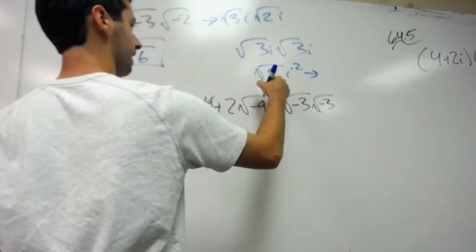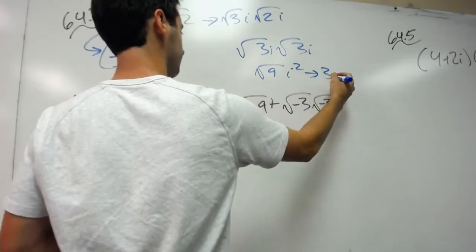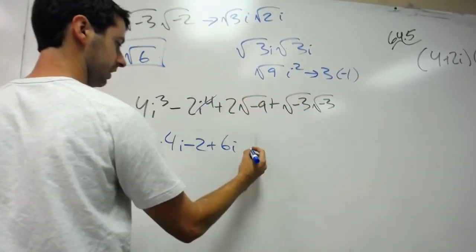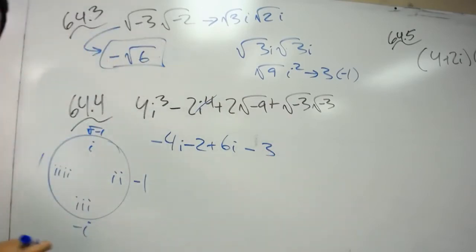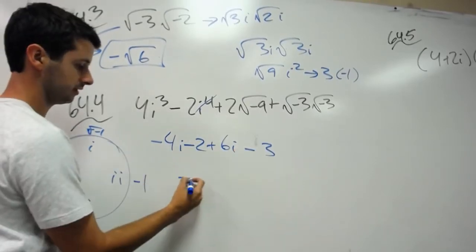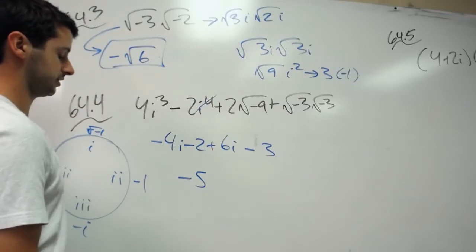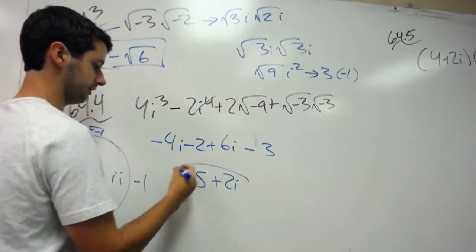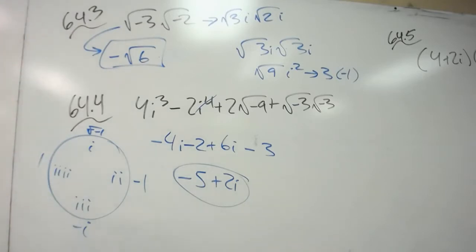Square root of 9 is 3. i squared is a negative 1. So this is all a negative 3. Hopefully you could see that there. Now we just combine our like terms, negative 2 and negative 3, doing the whole number first, because you want the whole number first to be complex numbers, plus 2i. And that is your example simplified. Negative 5 plus 2i.